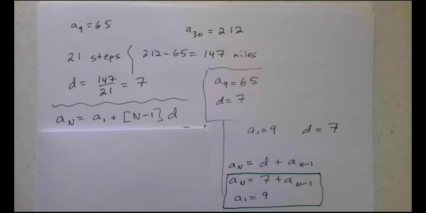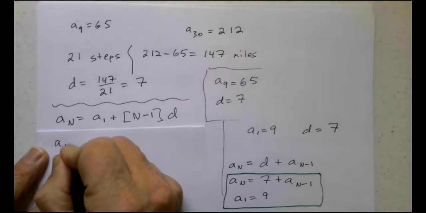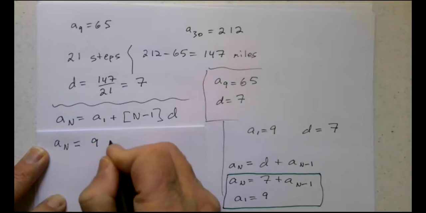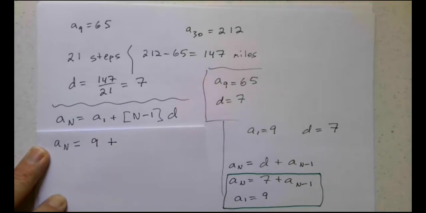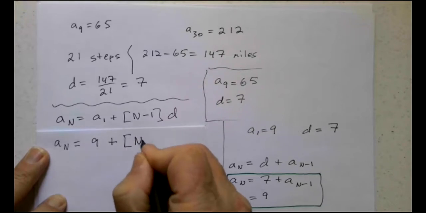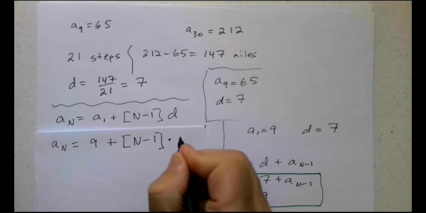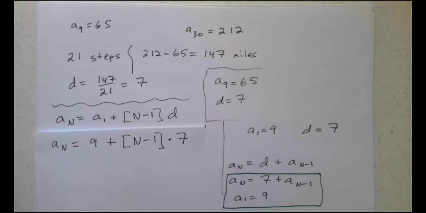A non-recursive term for the nth term of the sequence. So a sub n is a sub 1. What is our a sub 1? We said a sub 1 is 9, plus n minus 1 times the common difference. What is our common difference? Our common difference here would be 7. So there's our non-recursive formula for the nth term of this arithmetic sequence.